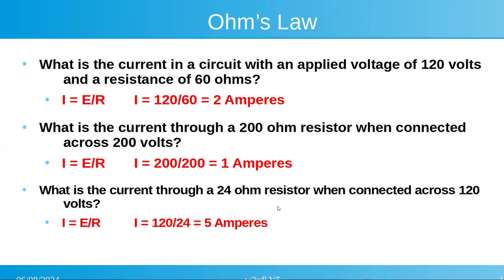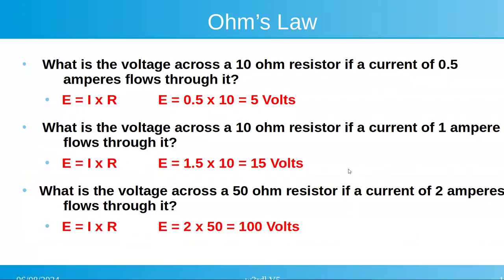So the current through a 24 ohm resistor when 120 volts is applied. Now we want voltage. We got a 10 ohm resistor and 0.5 amps of current.